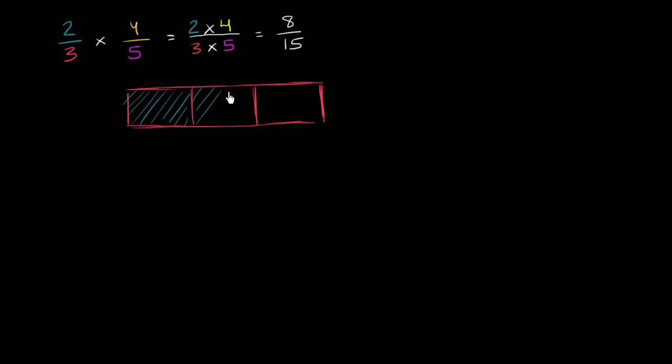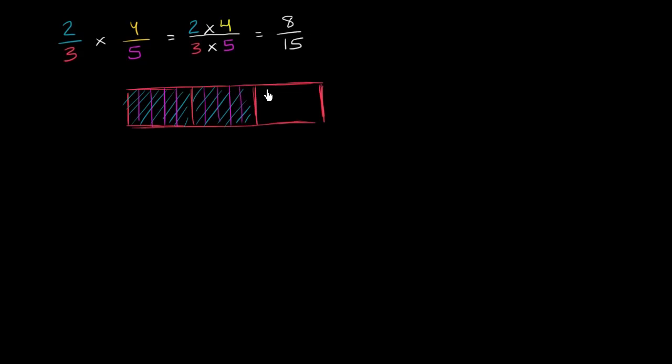And one way to think about this is 2/3 times 4/5 is 4/5 of this 2/3. So how do we divide this 2/3 into fifths? Well, what if we divided each of these sections into 5? So let's divide each into 5. 1, 2, 3, 4, 5. 1, 2, 3, 4, 5.